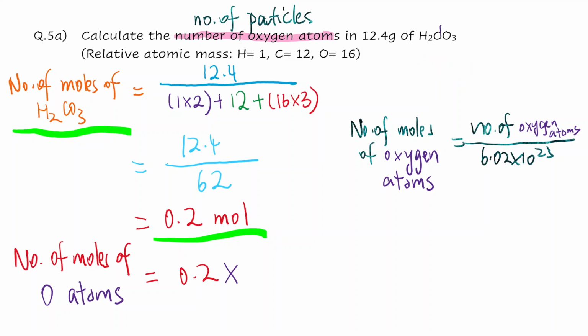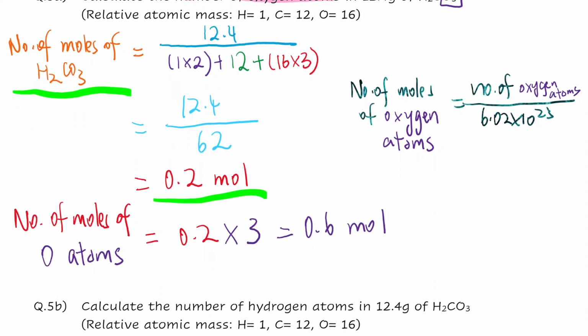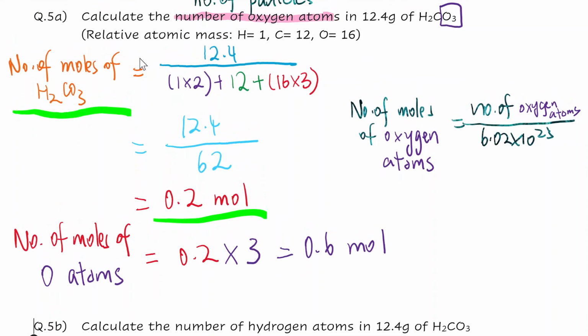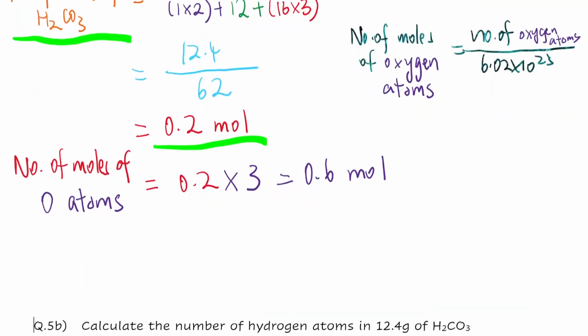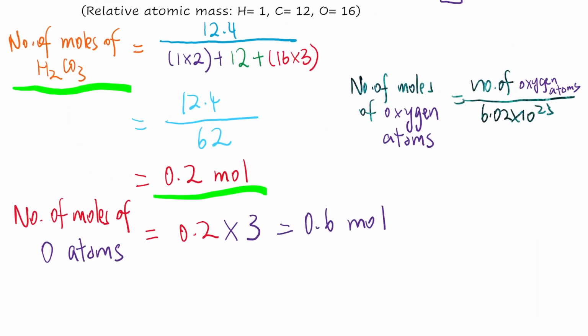So here you can see that we have 3 oxygen atoms in carbonic acid. So you times it by 3. And here, thus the number of moles is 0.6. Okay. Now that you get the number of moles of oxygen at 0.6, now we can find our answer. So let me move this down so we have more space. Now we can apply this equation here.